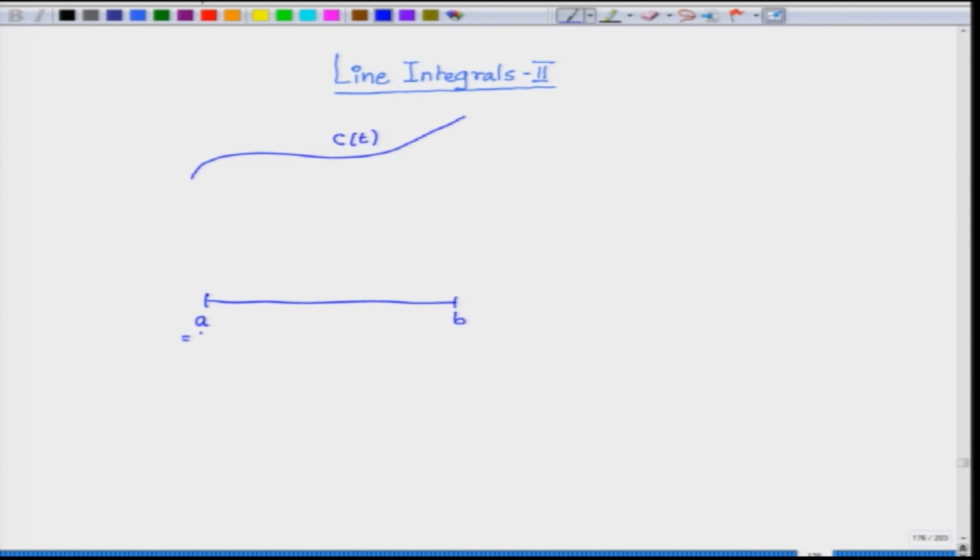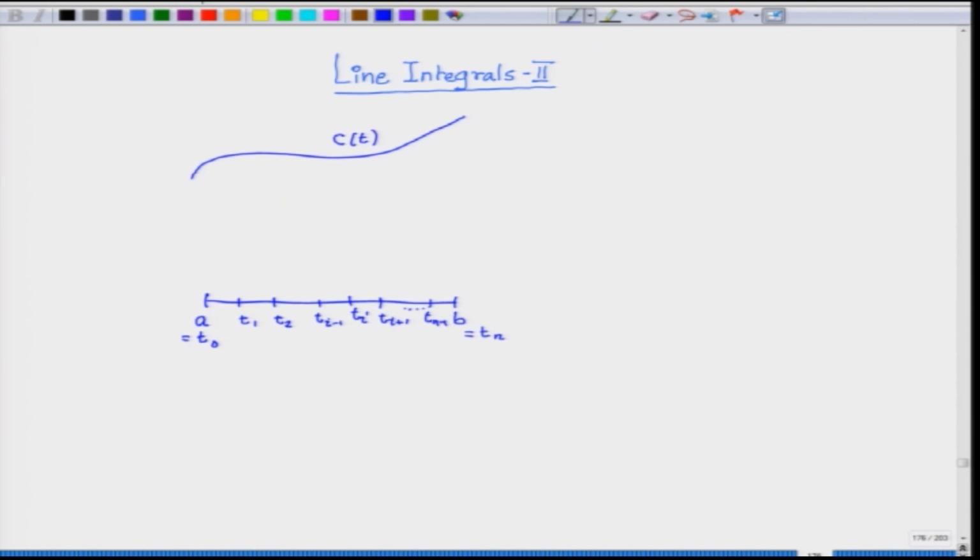You do a partition, and you know how to do it now: t1, t2, ti minus 1, ti, ti plus 1 and so forth, tn minus 1.